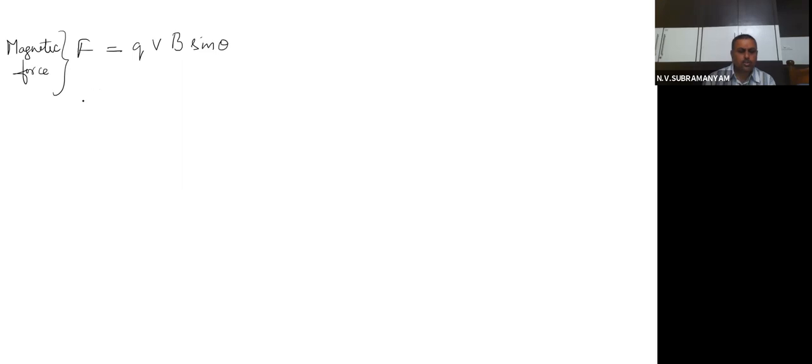I am asking you, when is this force maximum? Answer is simple, children. When sin theta becomes maximum, force becomes maximum. That means for theta equal to 90 degrees, force is maximum.